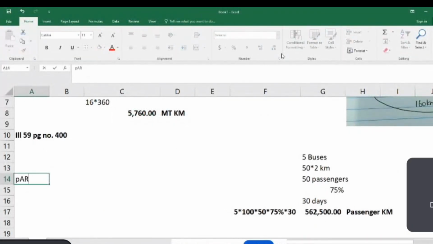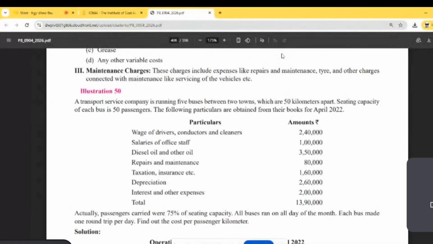So particulars and amount. Okay, what are they given? Wages of drivers. I will take it in my book.